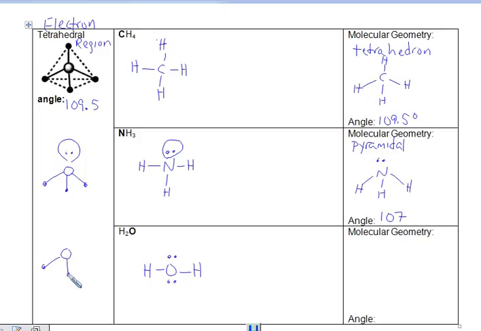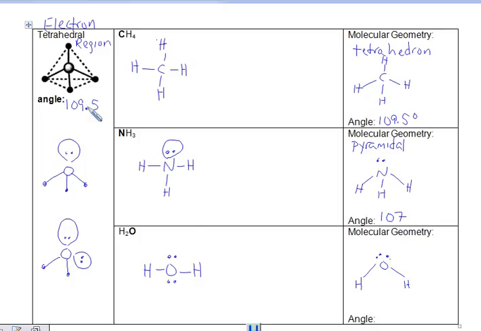more like this. So we have an electron pair on the top, and then off to this side we're going to have another electron pair. So really, when we go to draw this, we should show this as a bent molecule with 2 lone pairs on the oxygen.